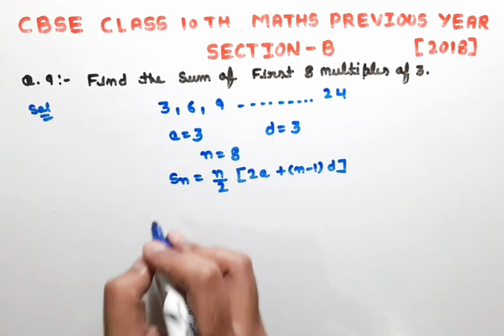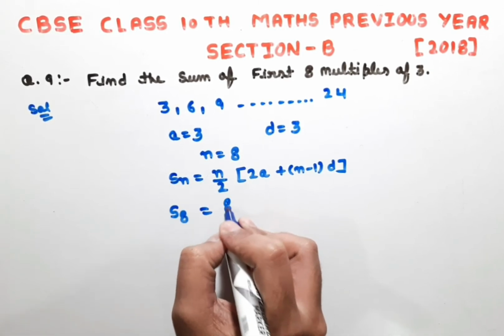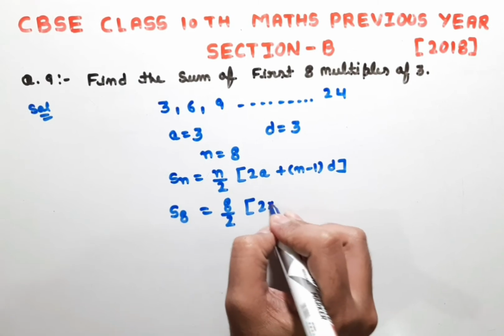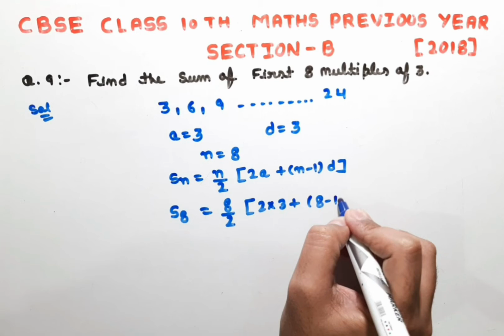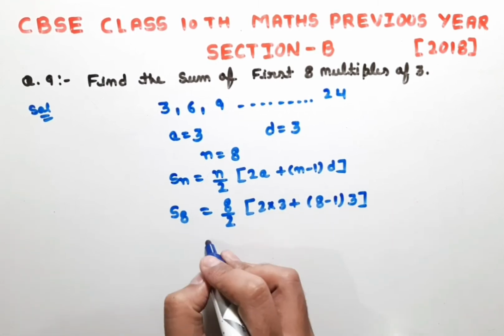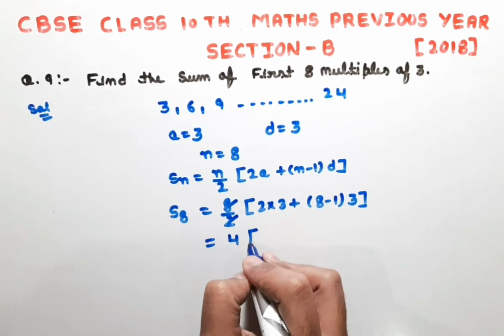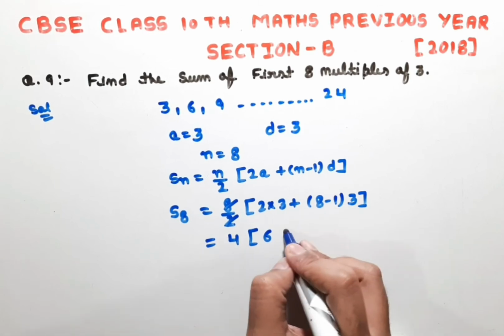Here n equals 8, so sum of 8 terms will be equal to 8 upon 2 into 2a, that is 6, plus 8 minus 1 into d, that is 3. So this will be cancelled out, 4 times, 2 3s are 6, 8 minus 1 is 7, 7 3s are 21.